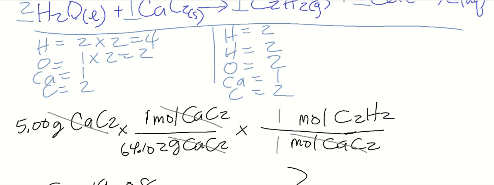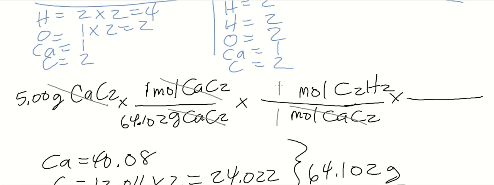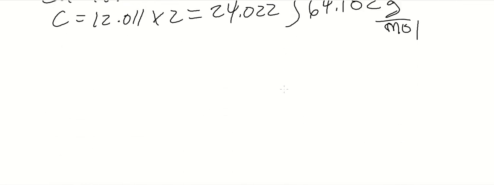Now our final step is to convert to the desired unit. What did it ask us for? I think this is grams. Grams of acetylene. We have moles of acetylene right now, so we want to turn that into grams of acetylene. So get rid of moles and end up with grams. Moles to mass, that's your molar mass. C2, molar mass of carbon times 2.